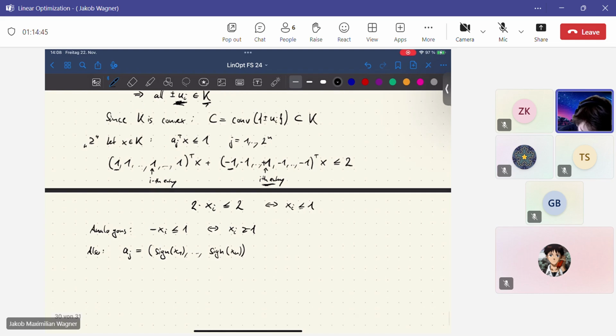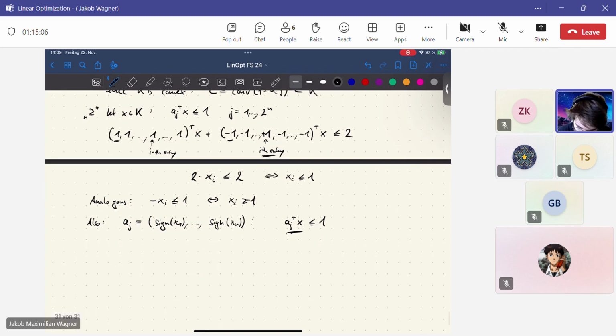If we multiply this with the condition, so if we have a look at a_j transpose x less or equal than 1, we get that this inner product, we have a sum over the signs of the individual entries multiplied with the corresponding entries. And so because we multiply every entry with its sign, what we have here on the left is actually the sum over the individual absolute values from 1 through n. That this is less or equal than 1. All right.